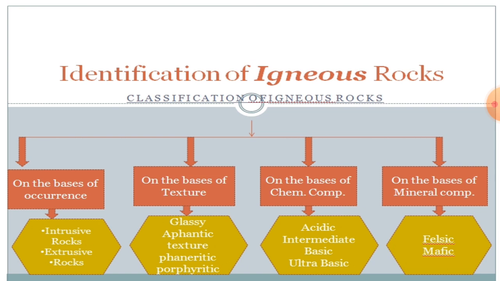The second class of rocks is aphanitic textured rocks, where the crystals can be seen only with the help of a microscope. For example, fine-grained rocks.